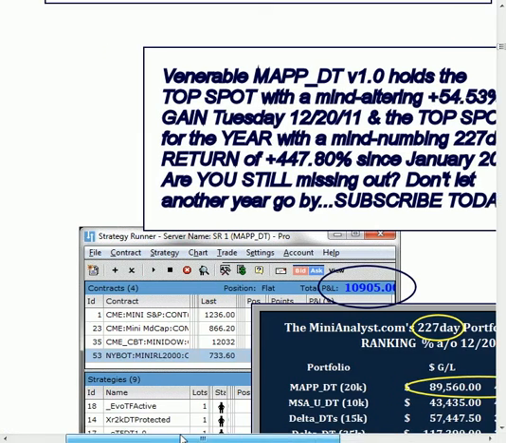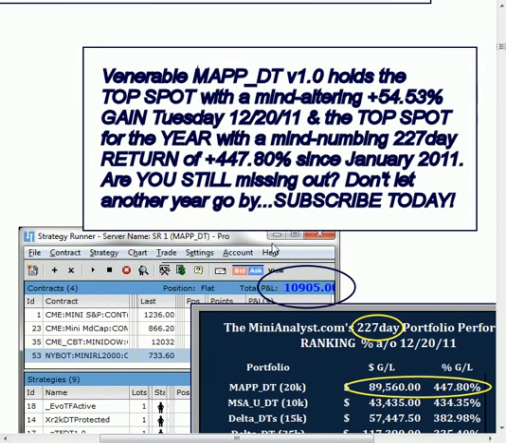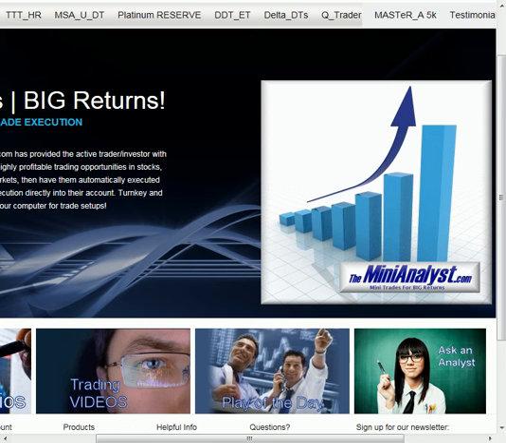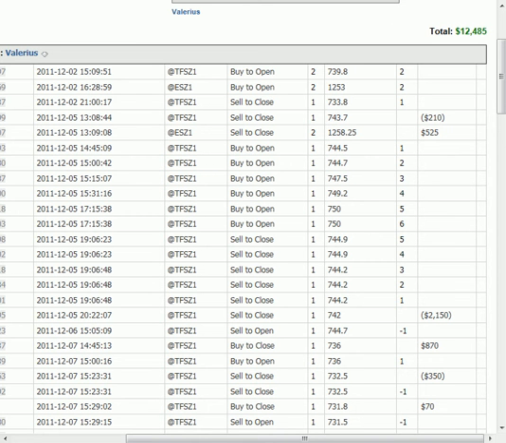You definitely don't want to miss out on another year, and particularly now is a great time. Oh, here's something interesting. So I wanted to show you this. This is a third-party tracking of a smaller version of our PR100 portfolio.